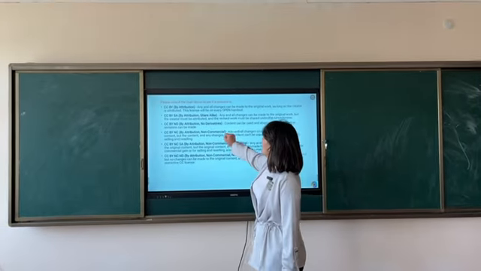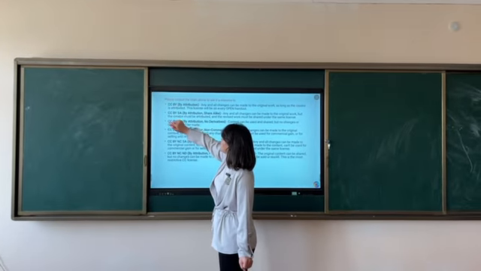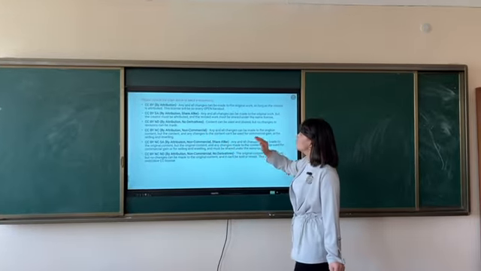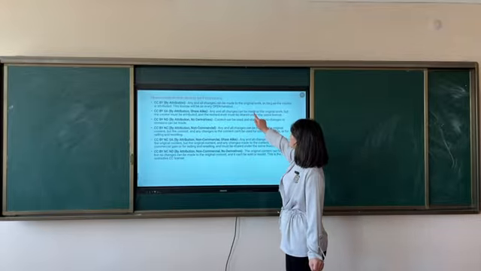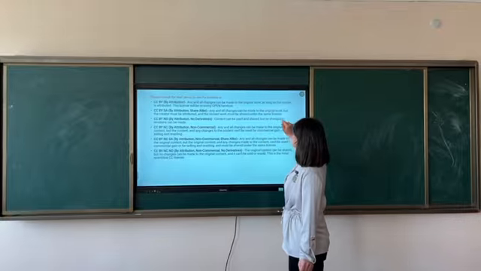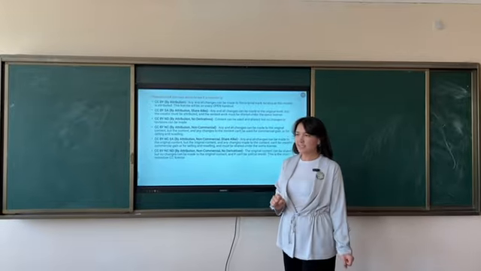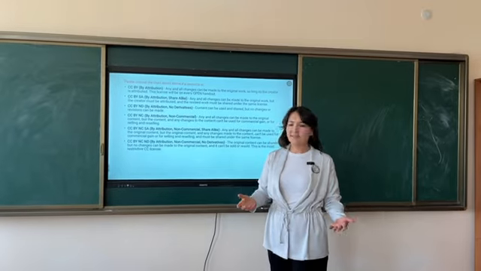If you see this label, CC BY, it means attribution. Any and all changes can be made to the original work as long as the creator is attributed. Is it clear? You mention the creator, the inventor.